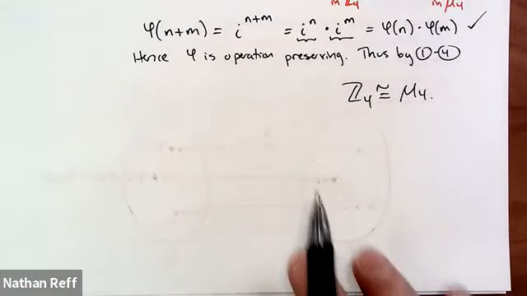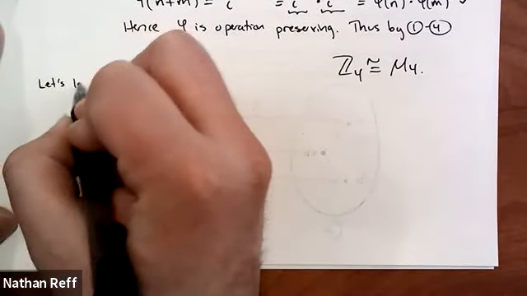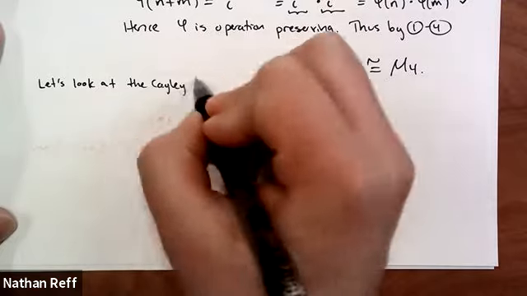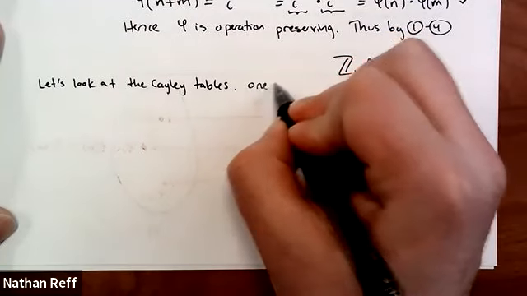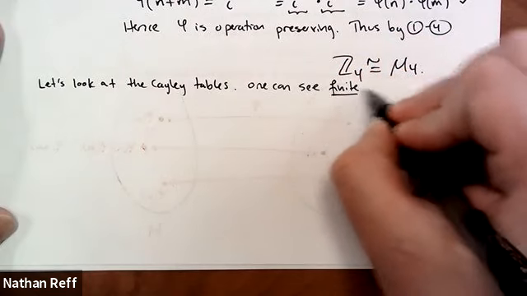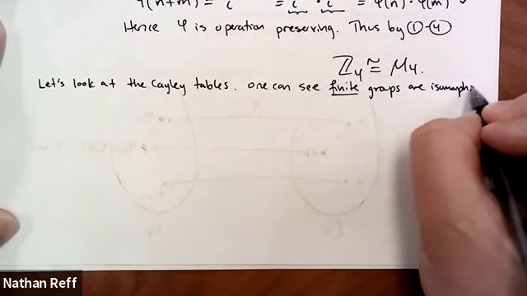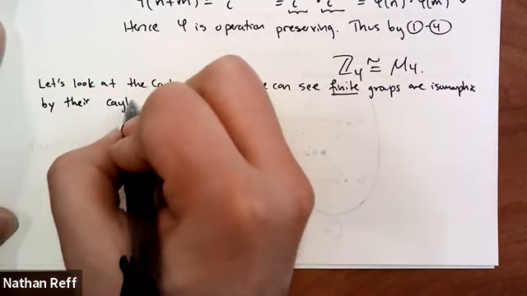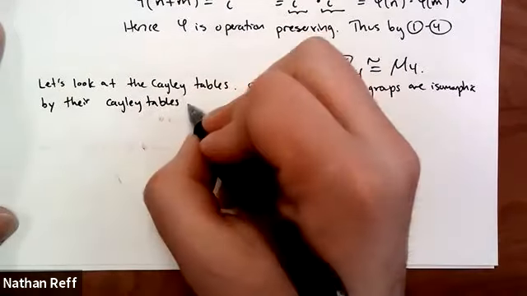Let's look at their Cayley tables. Okay, so one can see finite groups are isomorphic by their Cayley tables, but things can get tricky by permutations.